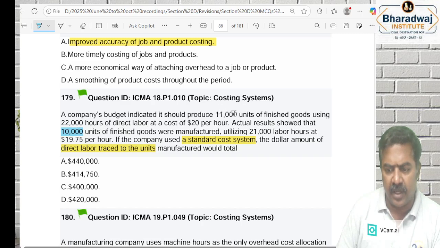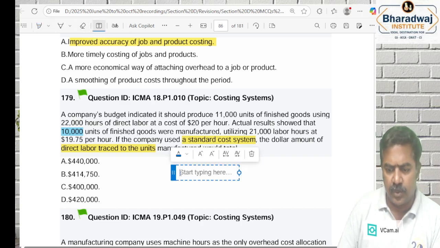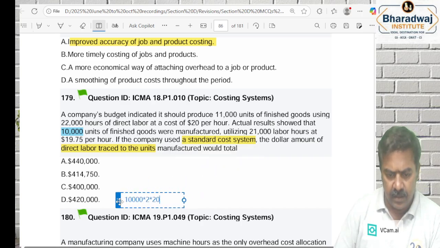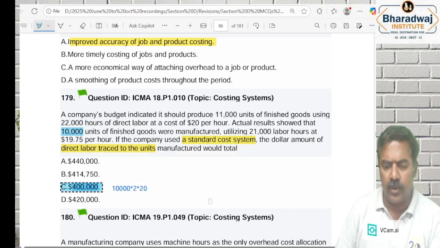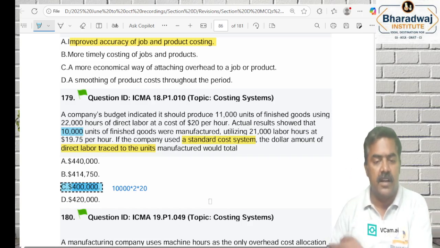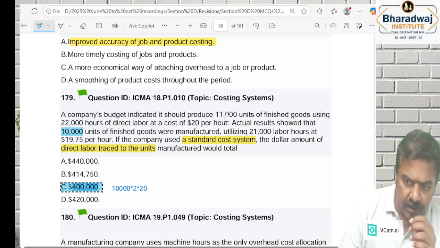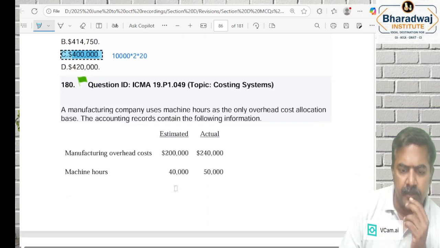For 10,000 units, if it is 20,000 hours, it is 2 hours allowed per unit. So 10,000 into 2 hours into 20, that is 4 lakhs. Right. Based on what is allowed, predetermined rate: 10,000 units, 2 hours allowed, into 20.